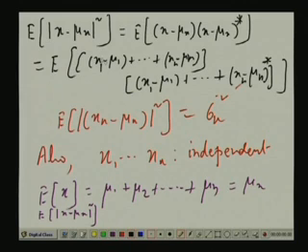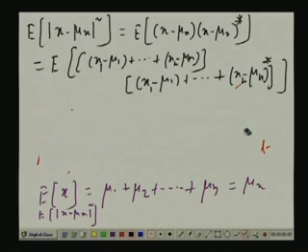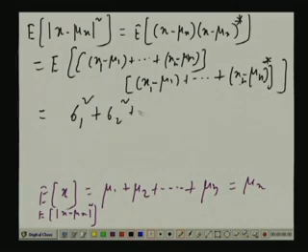Only the direct products, that is expected value of (x_1 minus mu_1) times (x_1 minus mu_1) star, are non-zero, and that gives the variance of x_1. Similarly, the other one gives the variance of x_2 and so on. Okay. So, this gives rise to the variance of x_1, that is sigma_1 squared, plus sigma_2 squared plus dot dot dot sigma_n squared.